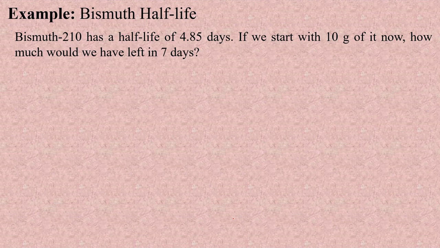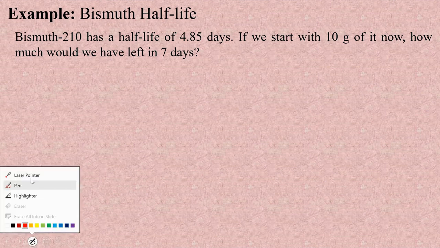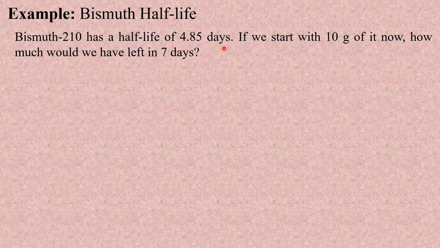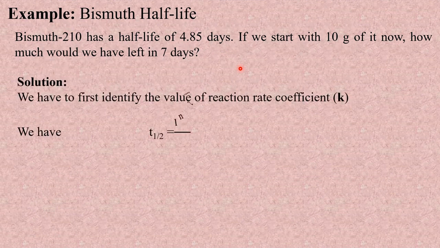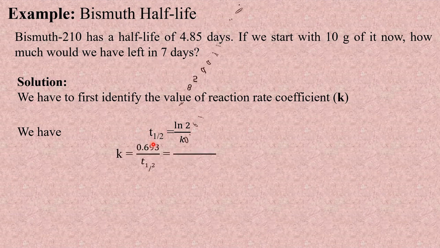So here we have to identify first the k, because we know the half-life here. So by putting this formula, as t half is equal to 4.85 days, then k will be equal to 0.143 per day.